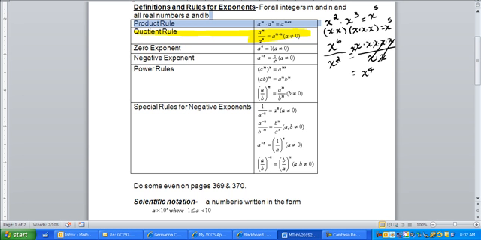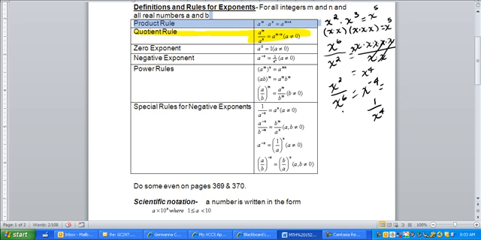If the x to the 6th were in the denominator, we could write that as x to the negative 4, which is also written as 1 over x to the 4th. So we could visualize 6 factors of x in the denominator, 2 in the numerator.